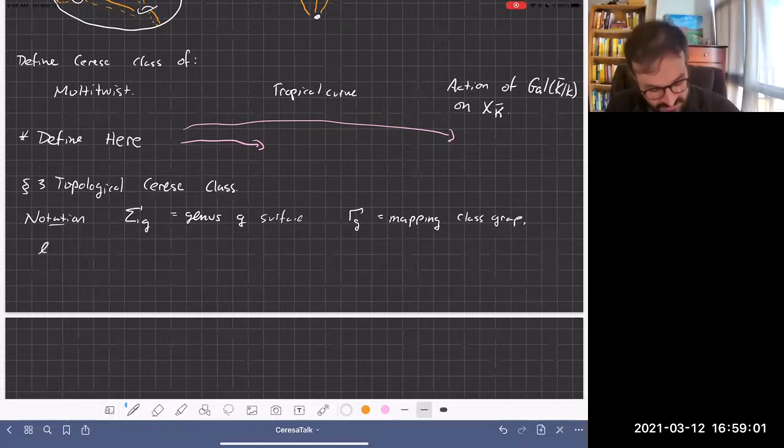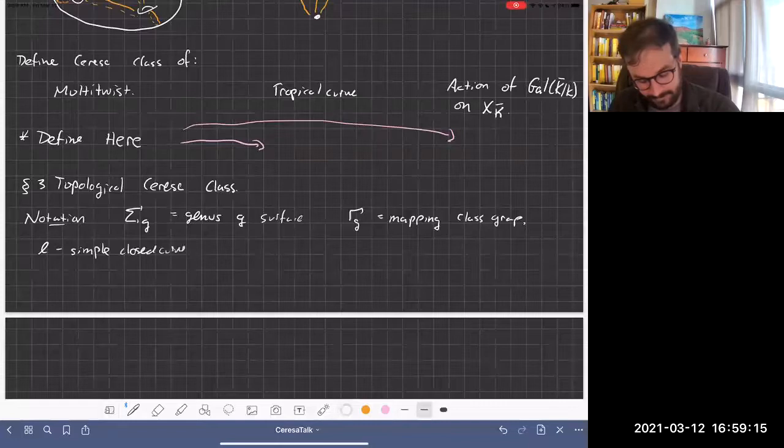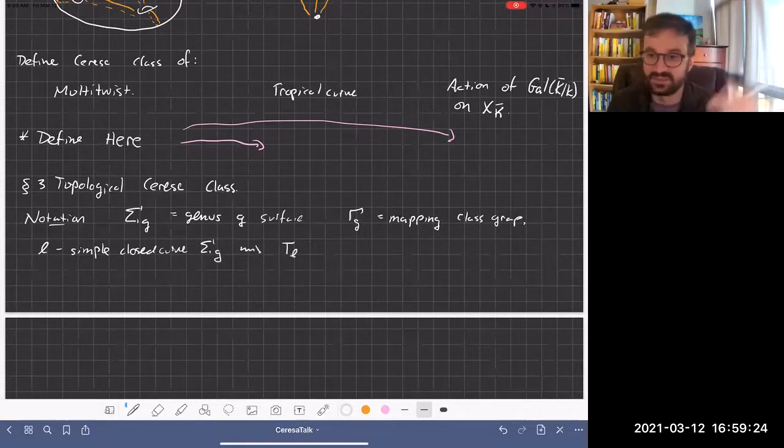And then if you have, say, a loop, or let me phrase that more precisely, a simple closed curve on your surface Sigma_g, we denote by T_L the Dehn twist around that loop.